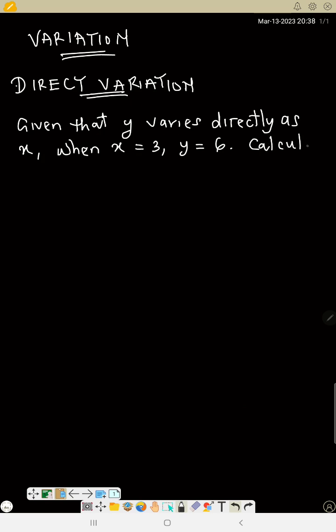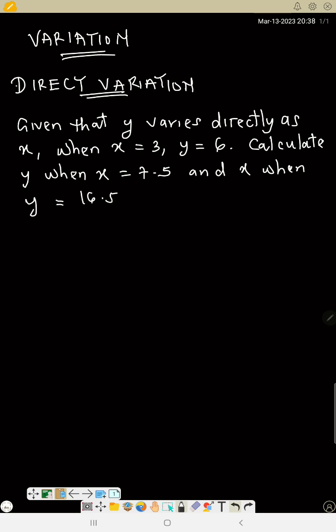Calculate y when x is equal to 7.5, and x when y is equal to 16.5.